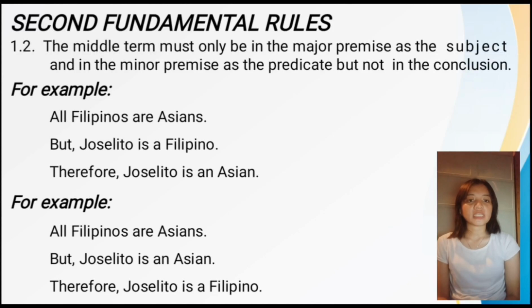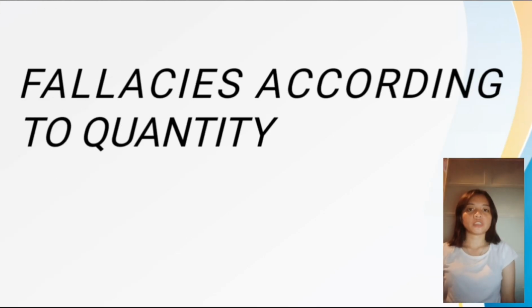So, mali na to siya kasi dun sa rule, kailangan yung middle term is hindi siya makita sa conclusion. Ang tamang example dito is yung sa taas kasi yung word na Filipinos, yung middle term, is hindi na siya nakita dun sa conclusion.